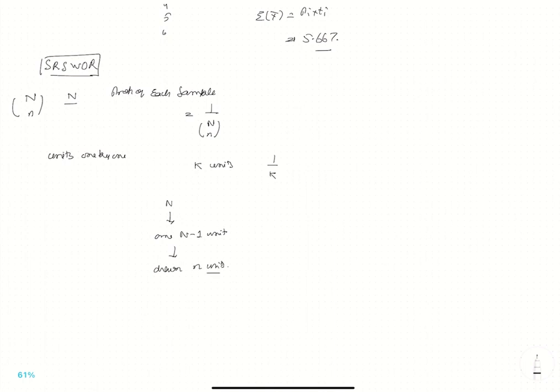Now we can prove this process gives each sample an equal chance of 1 upon N choose n of being selected. This can be proven mathematically, but this is how we actually do it. The end result is that we get SRSWOR.